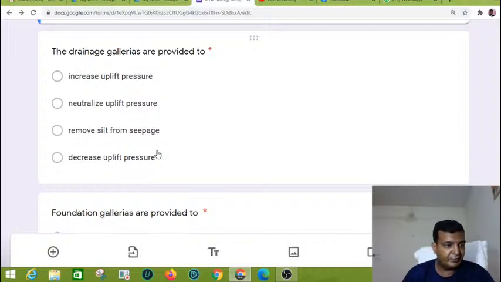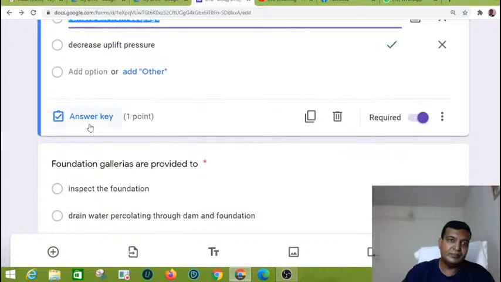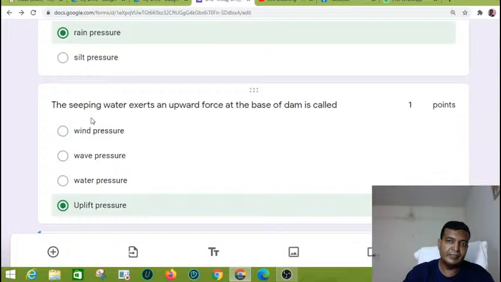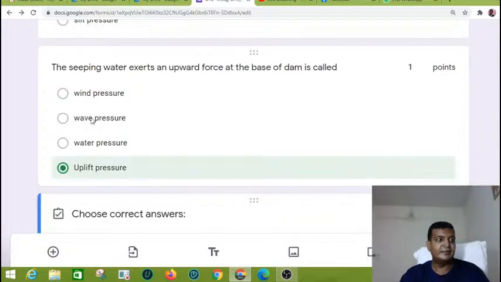It is required for decreasing uplift pressure. So answer is D, uplift pressure.